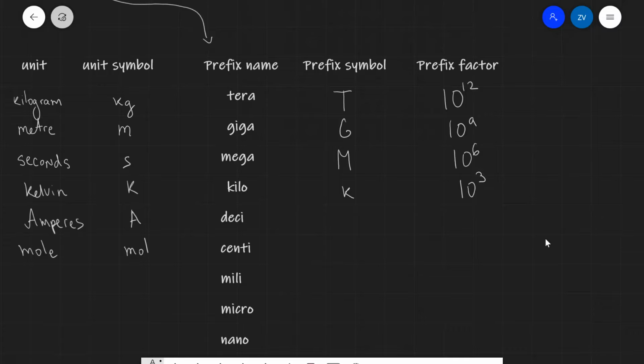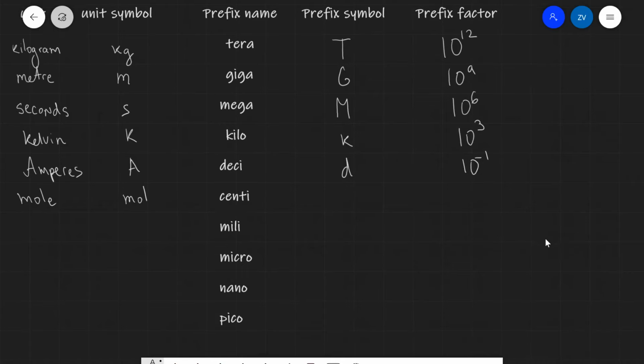Deci is a tenth, so that's just a d, and that will be 10 to the power of minus 1. Centi is a c, and this is 10 to the power of minus 2. Milli is lowercase m. Notice how mega is an uppercase M, whereas milli is a lowercase m, and that's 10 to the power of minus 3.